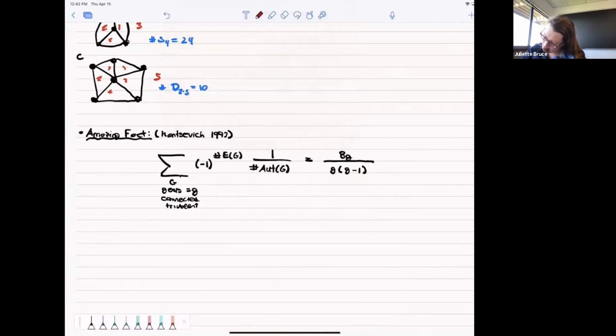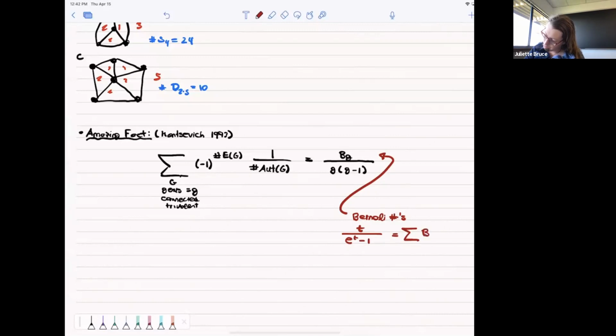And what is B_g here? B_g is the Bernoulli number. So these are the Bernoulli numbers, which if you put them into a series and do e to the t divided by e to the t minus 1, these are exactly the coefficients of the Taylor expansion of this function.